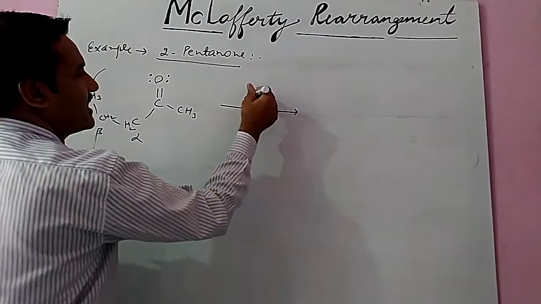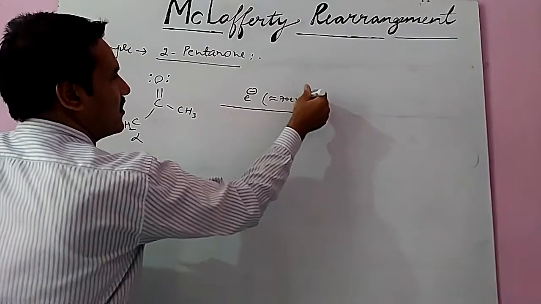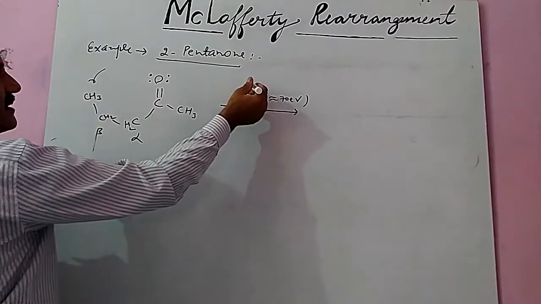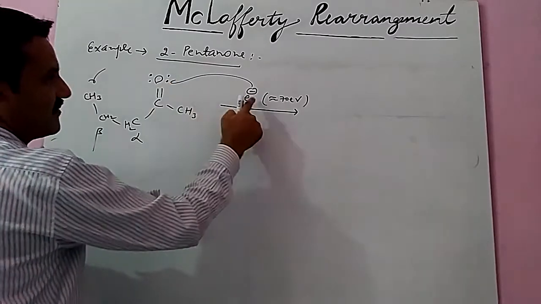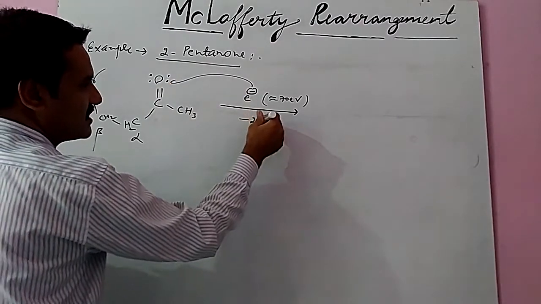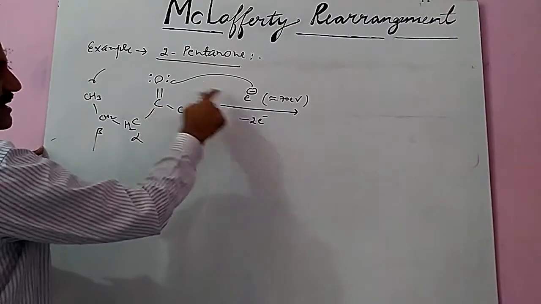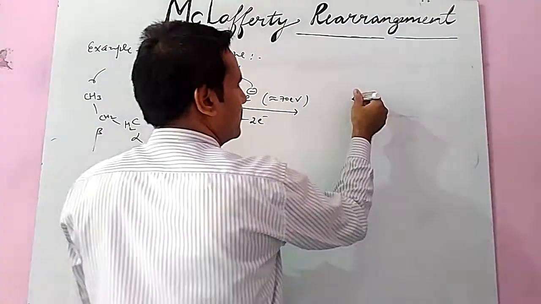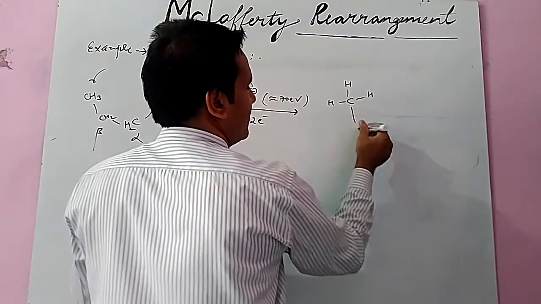Now energetic electron bombardment, approximately 70 electron volts, is applied. One electron is removed from the lone pair and one from the bombarding electron, so a total of 2 electrons are removed. After removing 2 electrons, this is the gamma hydrogen 1, 2 and 3, and the remaining chain.